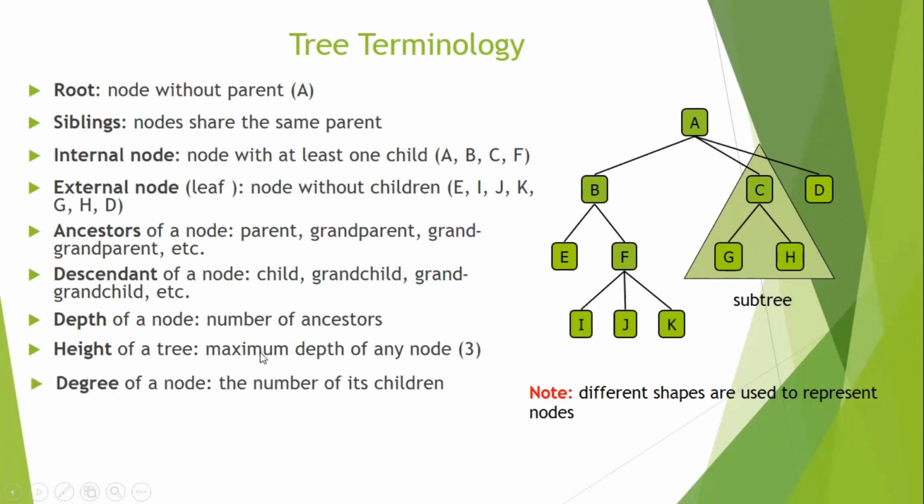The degree of a node is the number of its children. The degree of a tree is the maximum degree of its nodes.